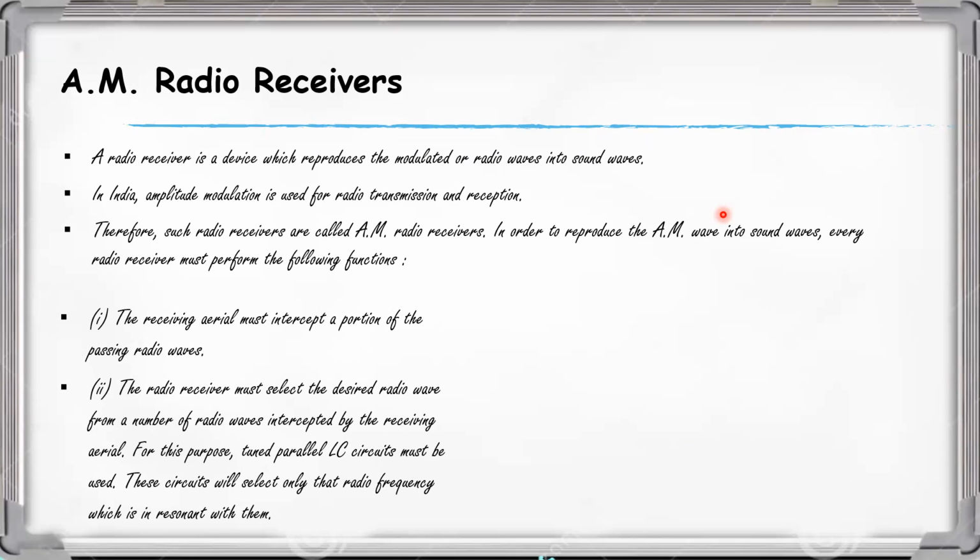We know that radio signals from various stations interact with the radio receiving antenna, and such an antenna gets only a fraction of the signal transmitted from the radio station.